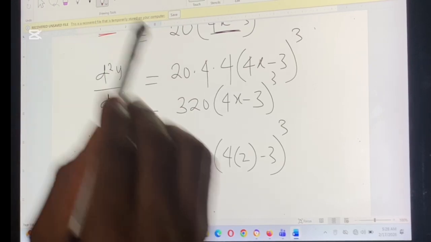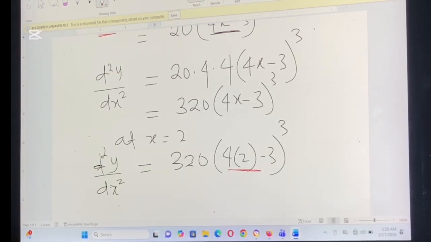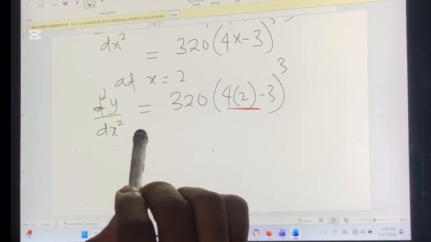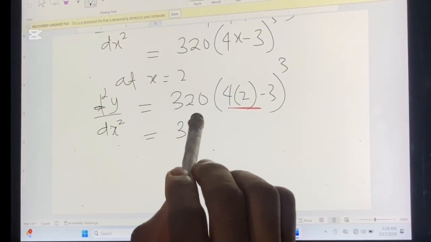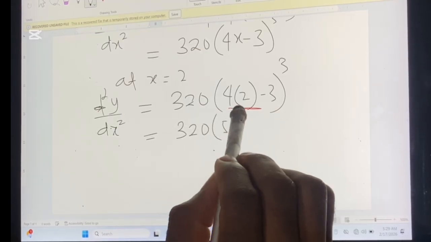When you evaluate what is inside here, 4 times 2 gives us 8, and 8 minus 3 gives us 5. So I'll be left with 320 times 5 all raised to the power of 3.